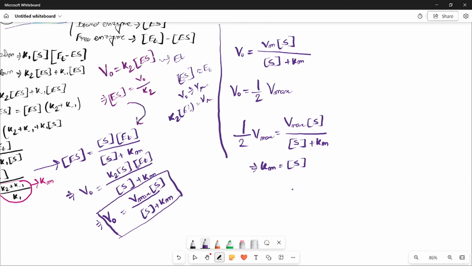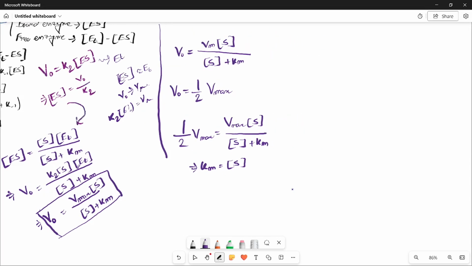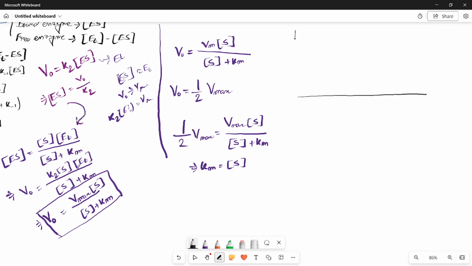Graphically, what will the Michaelis-Menten equation look like? Simple. It is a hyperbolic plot. It is a very important question for GATE. Here is the substrate concentration, this is the velocity, and it will be like this.